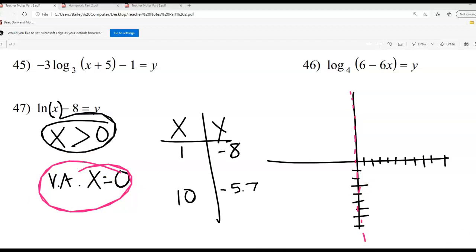And then my graph has the points 1, -8, and 10, -5.7, like right about here. The logarithmic shape that would correctly connect these points and go against this asymptote would look something like this. And there you guys have it. So that's the end of it.